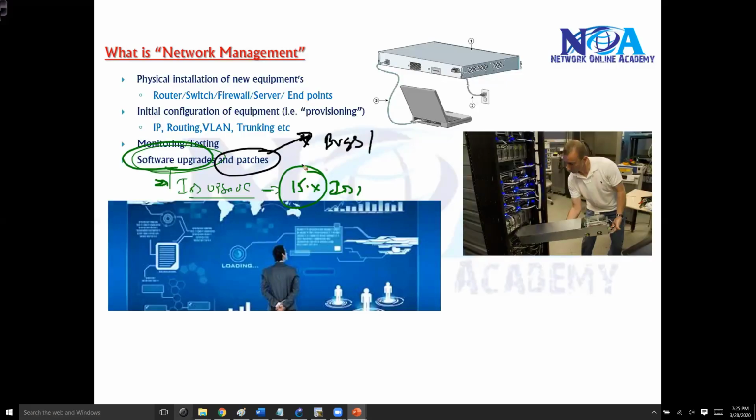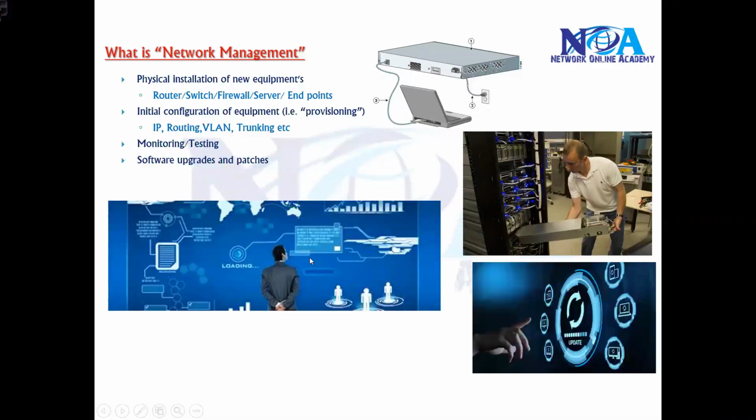Or maybe if there are any improvements in the existing product or the software, you need to make sure that those add-on features will be added so that it will improve the performance of that particular software or the application. So the software upgrades are another thing you generally do in network management.